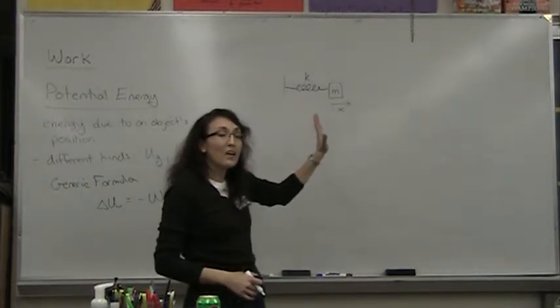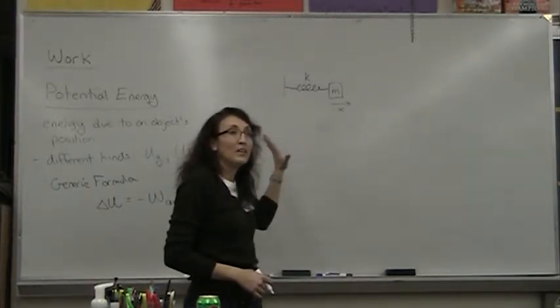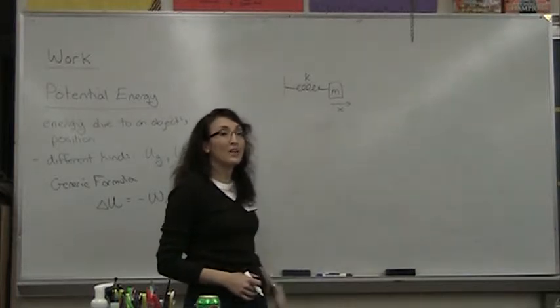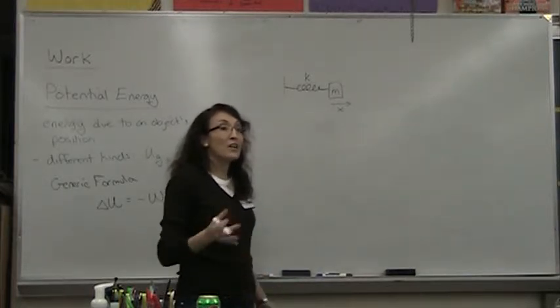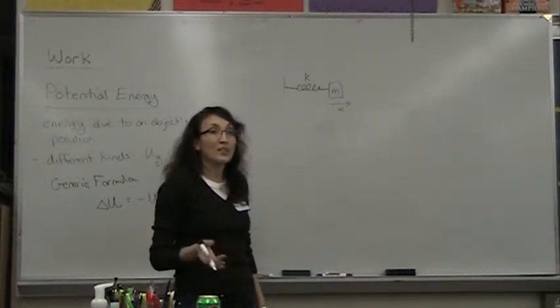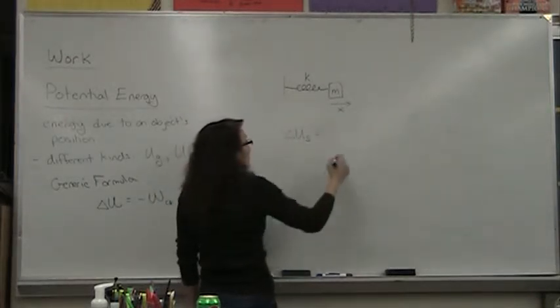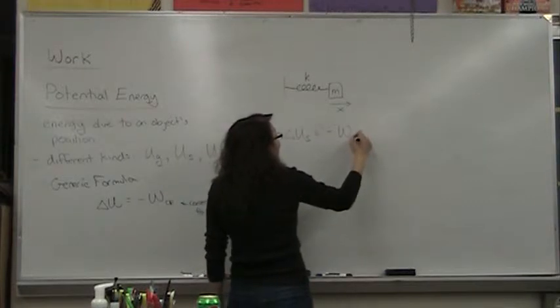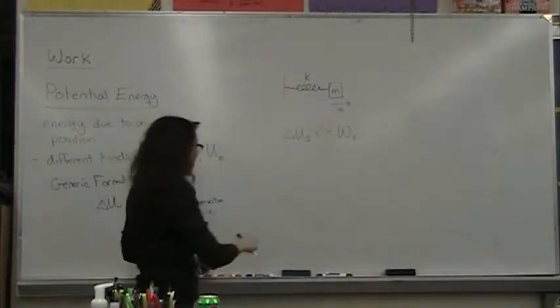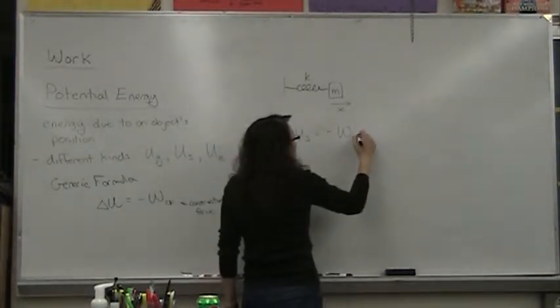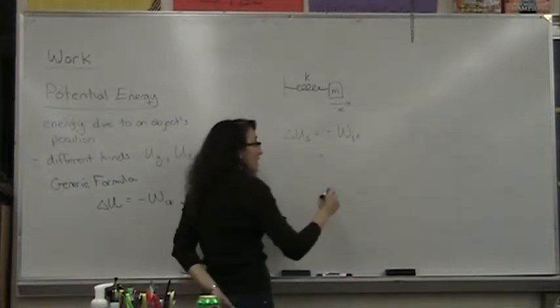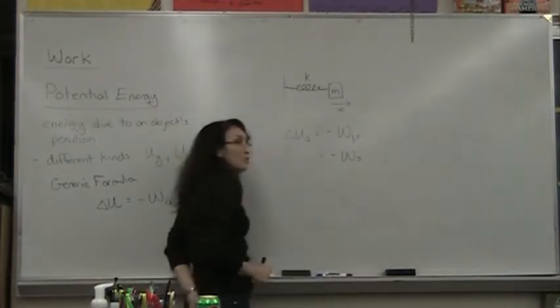And if I let that go, the spring's going to go back to where it came from. So the spring has potential energy. Well, how can I figure out how much potential energy that spring has? I could say the change in potential energy of the spring is the negative of the work done by the conservative force. What is the conservative force in this case? The spring itself, right?